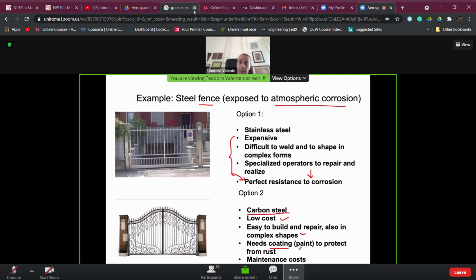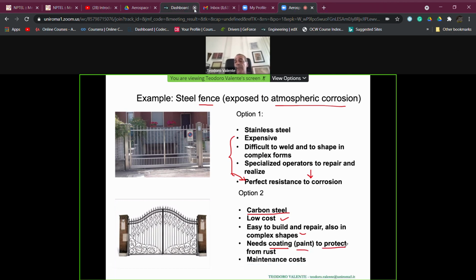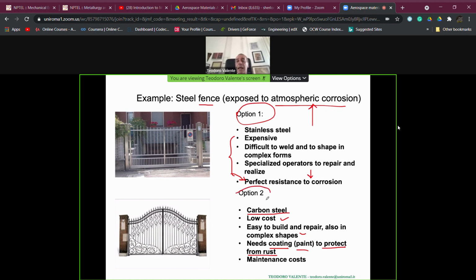Common coatings are paints, which have the, let me say, function to protect from rust. Rust is resulting from atmospheric corrosion. And so of these two options, if we make a cost analysis, most of the time, from an engineering point of view, this is the best option.